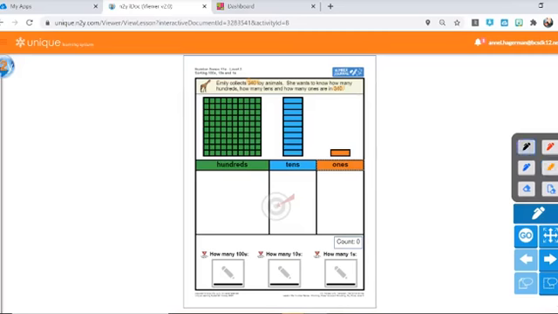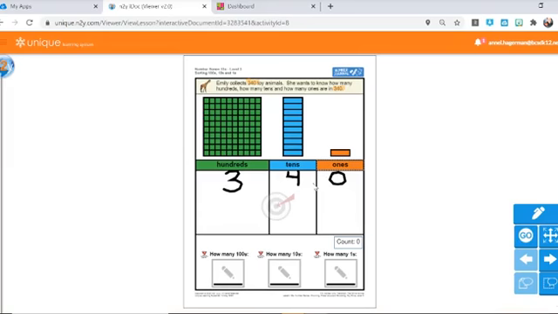How would we put 340 into our columns? How many ones do we have in the number 340? We don't have any, so I'm not going to put any in there. How many tens do I show here? 4. So I need to put 10, 20, 30, 40.